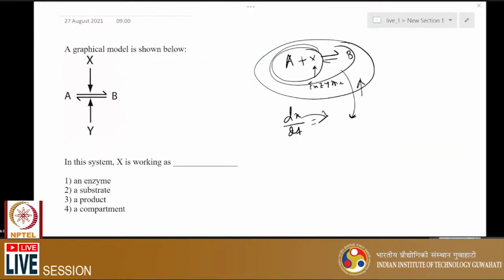Its concentration does not change. If X is inhibiting, then I will show a hammer. Again, X is not actually getting used up by this inhibition process. It is only inhibiting. So it is a control, a transfer of information. That is how we show it, and the answer here will be enzyme.